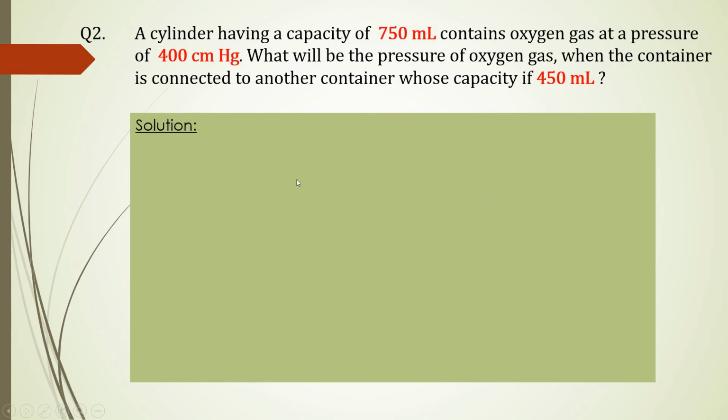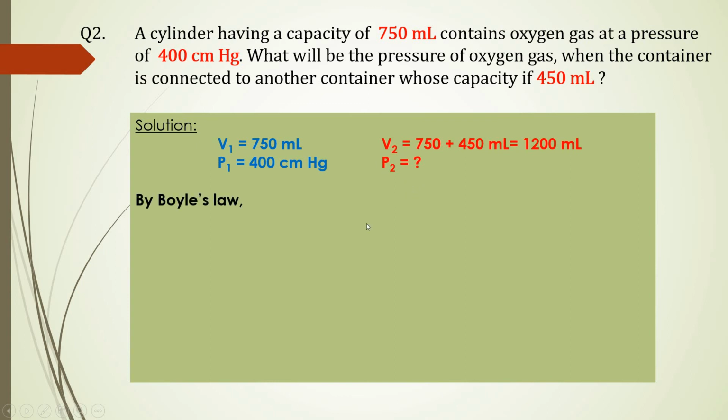Let's try to solve this. The given conditions are: volume V1 is 750 ml, and final volume V2, since they are connected, is 750 plus 450, which equals 1200 milliliter. Initial pressure is 400 centimeter of mercury. Now we need to find the final pressure. So we know by Boyle's law P1 into V1 is equal to P2 into V2.